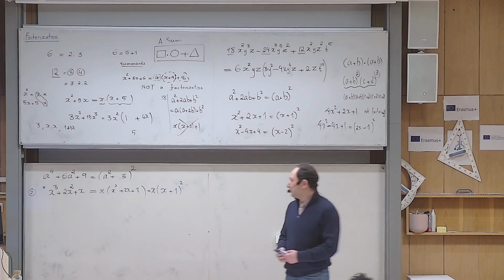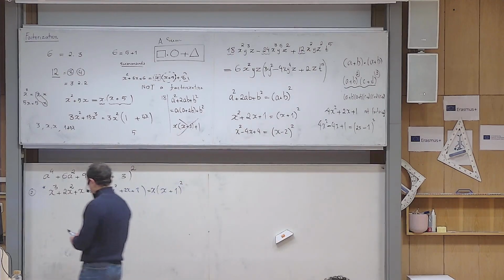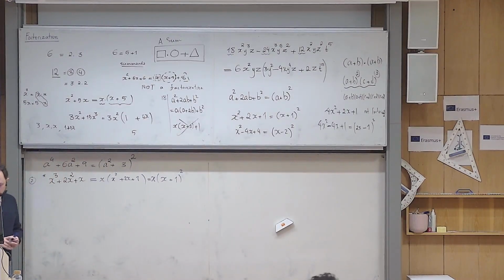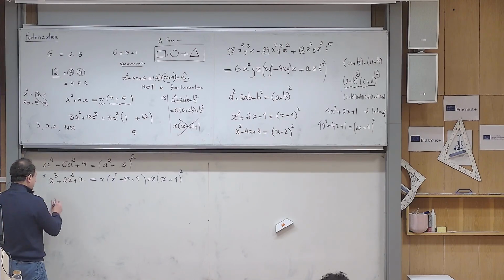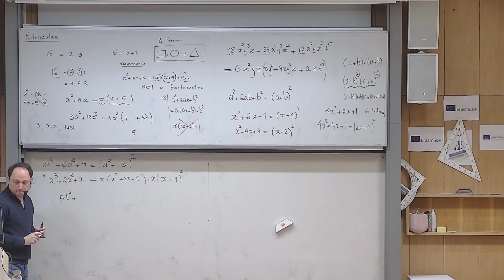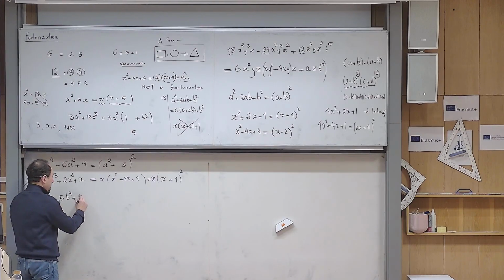Yes? Okay, so let us give you another question of this type. For example, let me give you 5b to the 4 and then plus 10b squared and then plus 5.